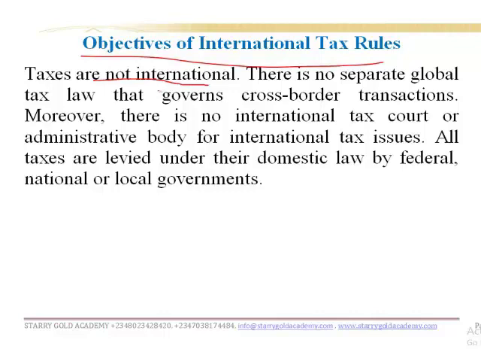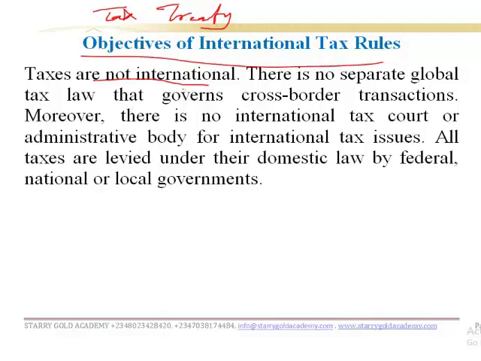But we have tax treaties. Is that clear? The reason being that the way we do it here in Nigeria is quite different from how they do it over there in England.